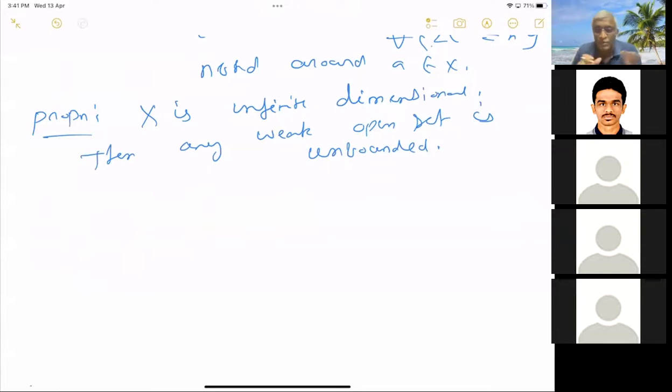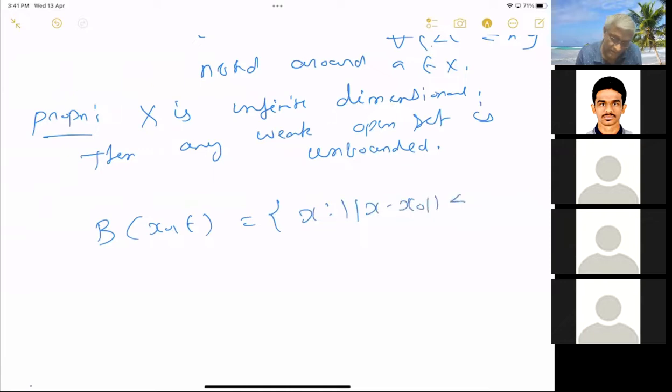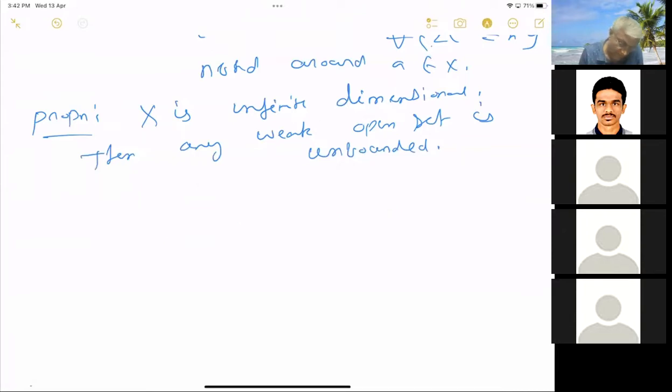In the norm topology, you have bounded open balls, B of some x naught and epsilon, which is all those x such that the norm of x minus x naught is less than epsilon, not less than or equal to, less than epsilon. Such a set is a norm open set, and such a set cannot be weakly open. So clearly, the weak topology is weaker than the norm topology.